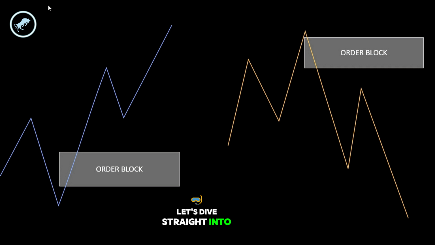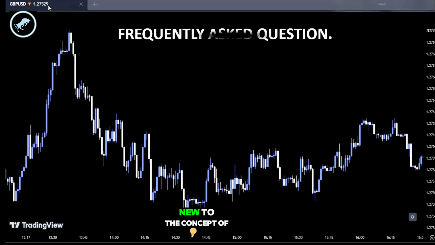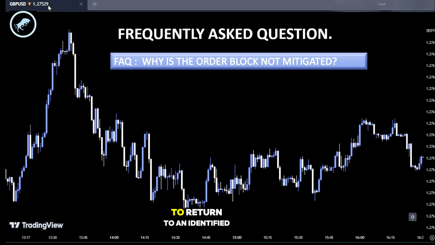Let's dive straight into today's topic. Many traders, especially those new to the concept of order blocks, find themselves puzzled when the price fails to return to an identified order block, even when the market moves in the anticipated direction. This situation can be disheartening, especially if you've spent considerable time honing your skills in spotting these blocks.